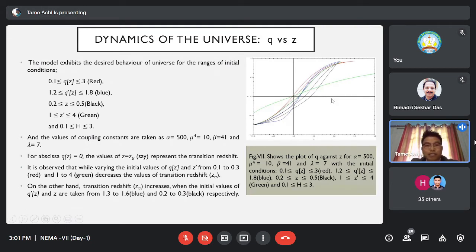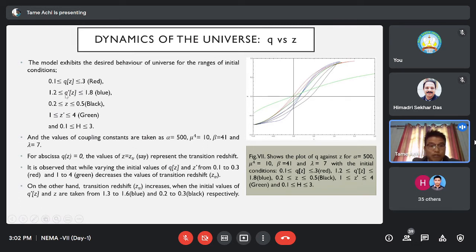Here, this multiple curve is due to the initial values being taken in ranges. For example, the two red lines represent the initial value of Q from 0.1 to 0.3.